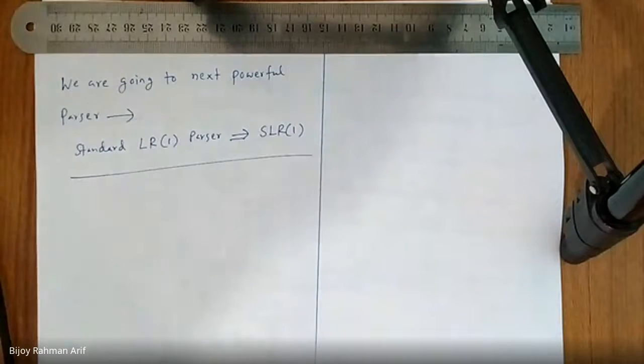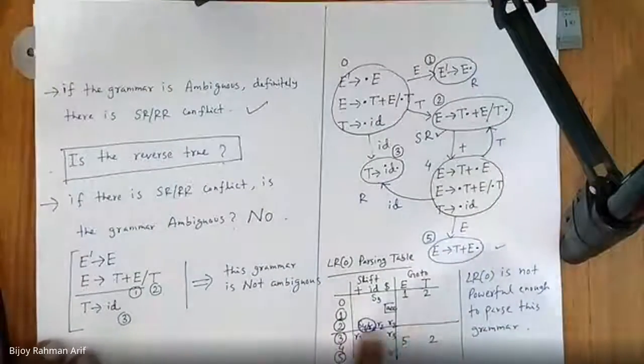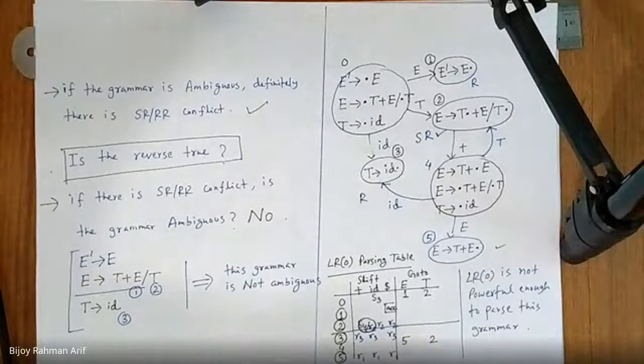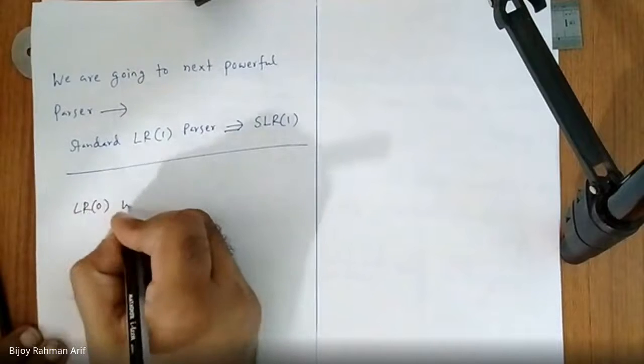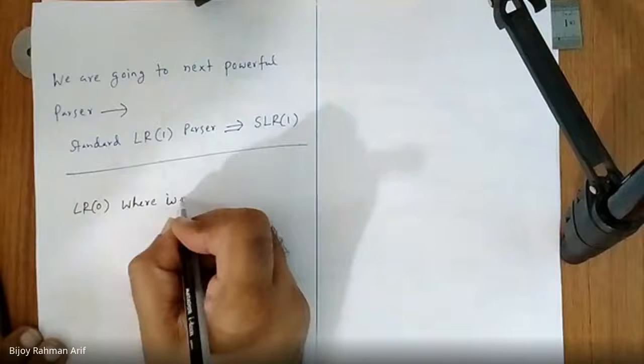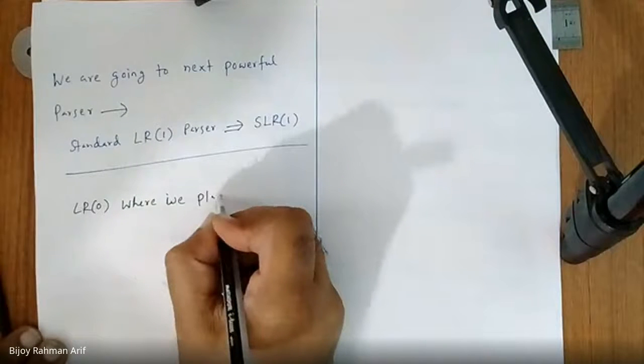Okay, so wait. In LR0, where do we write the reduce move? In LR0, in the final item states, where do we place the reduce move?